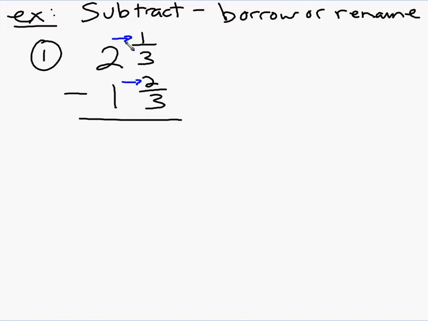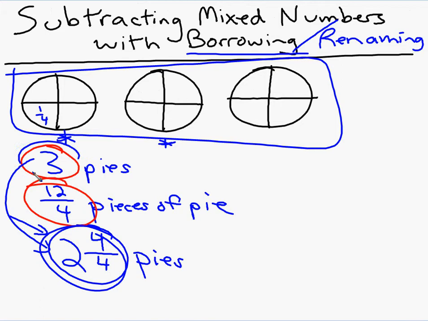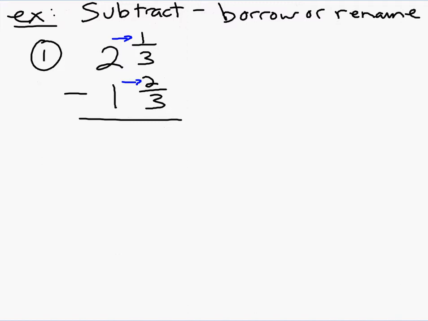Okay? Now watch carefully. Didn't we just say that I could call 3 pies 2 and 4 fourths pies? So didn't we just take 1 off of the 3? So on this problem, let's take 1 off of this 2 and make it 1 and, well, let's work slowly here. Isn't 2 the same thing as 1 3/3? That's how we have to start, understanding that 2 is the same thing as 1 3/3.